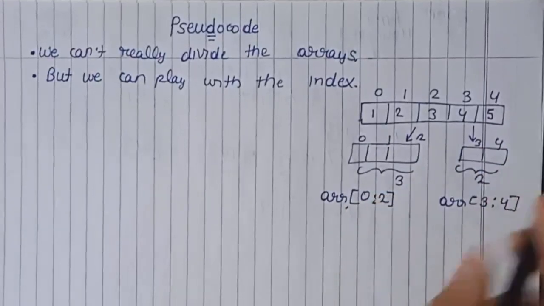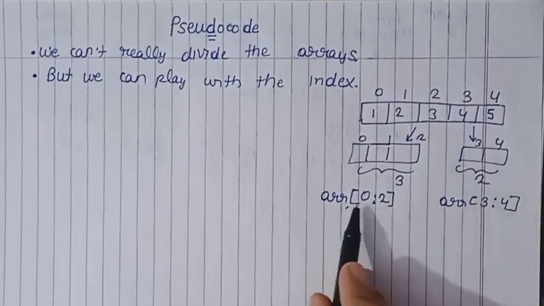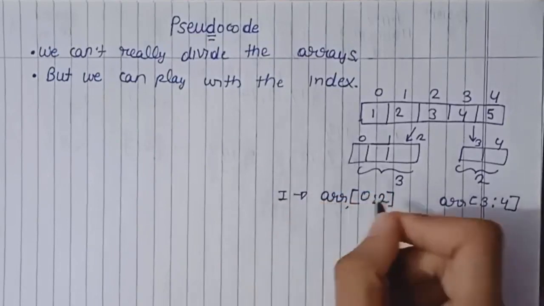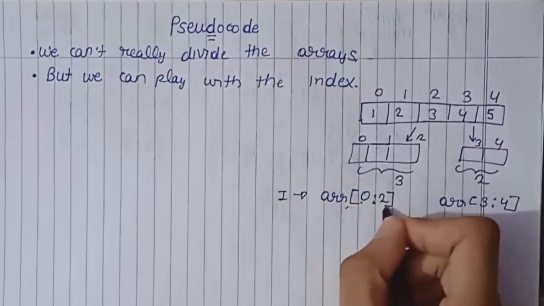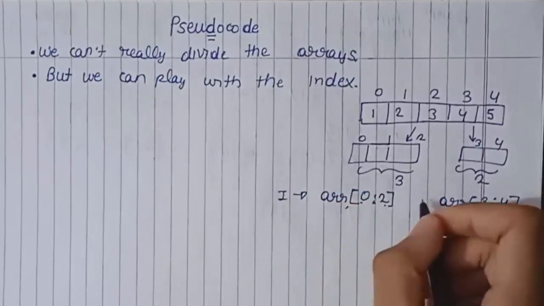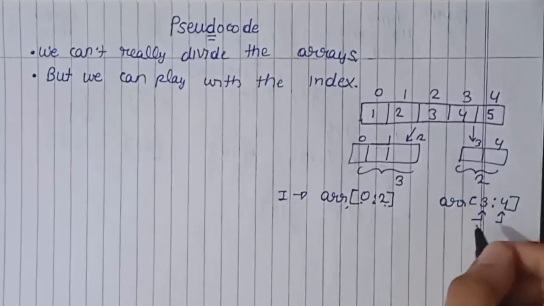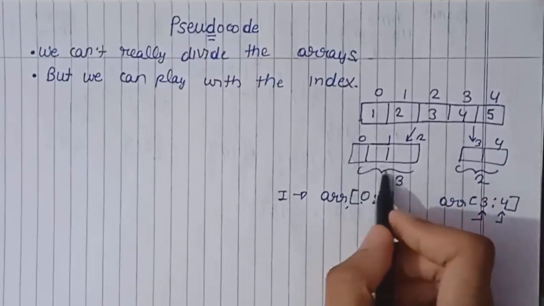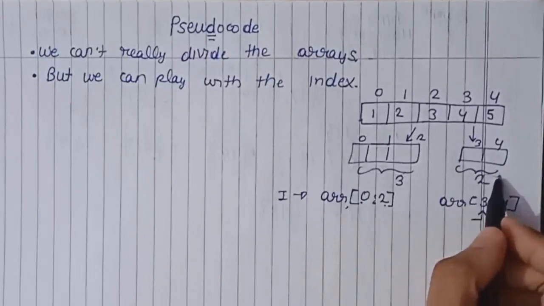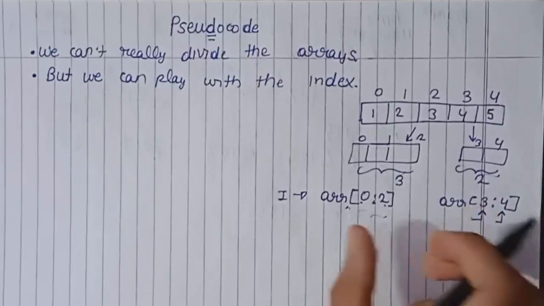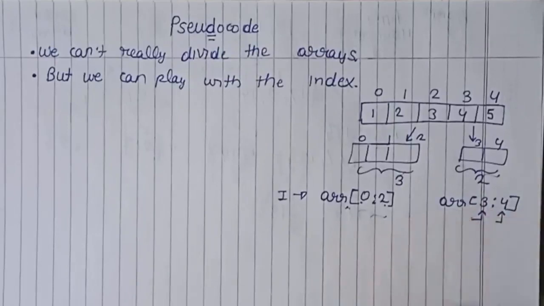So in this way, by telling your function the indexes where the first array starts and ends, and where the second array starts and ends, you can tell your function which two arrays you are talking about. And by mentioning indexes, you can divide your array into two subarrays.